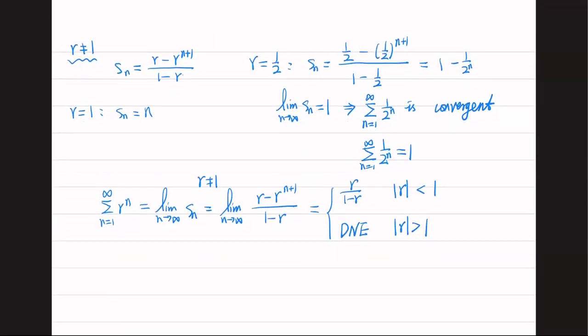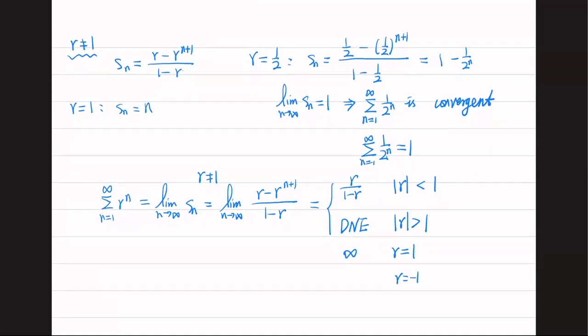The special case when R equals 1 goes to infinity, and when R equals -1 it doesn't exist. So we may say the limit doesn't exist if the absolute value is bigger than or equal to 1. Geometric series.